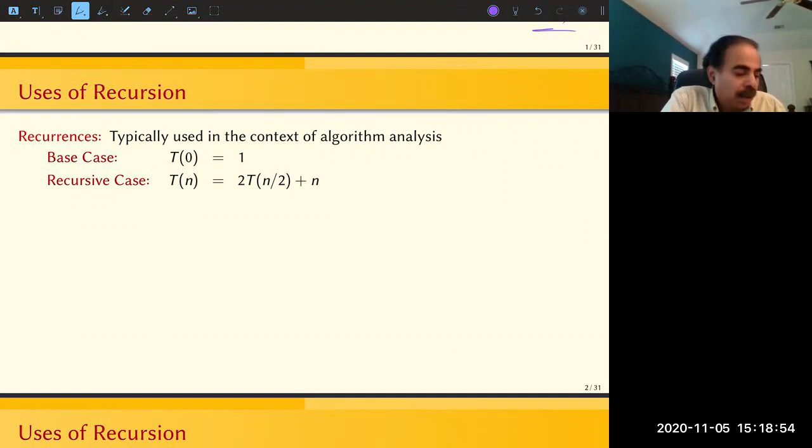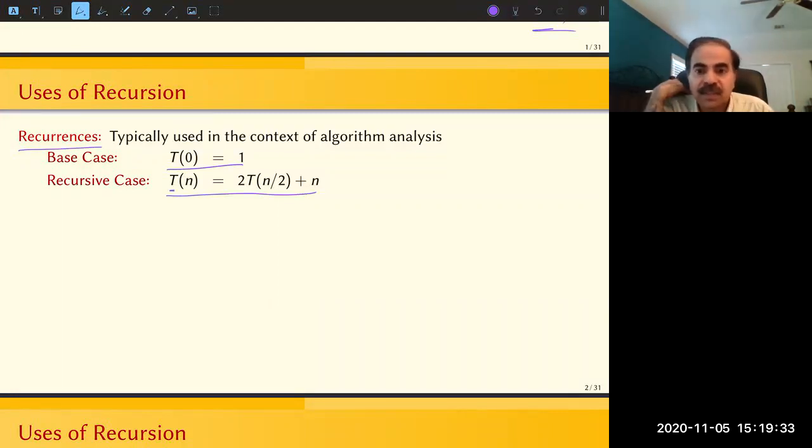So we are going to talk about the application of recursion to three problems, right? One is what we call recurrences. These are specific types of recursive equations that typically capture properties of algorithms, right? So you want to say, hey, what is the runtime of this algorithm? And typically you would write down a recurrence to capture the runtime of the algorithm, and that's why this says T, which stands for time, right?